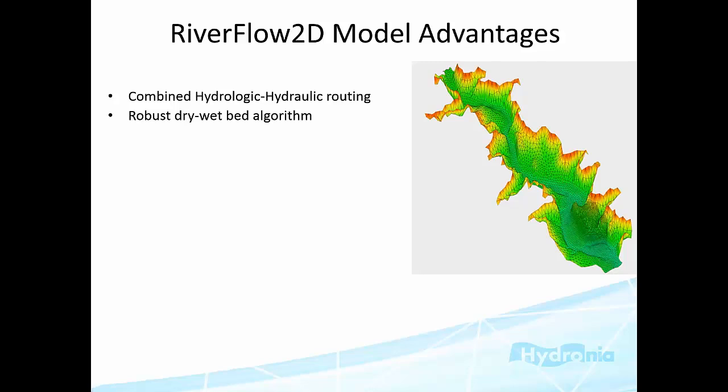It has a very robust dry-wet algorithm that doesn't require any tweaking, so it's very stable, and that's one of the things that InfraWorks takes advantage of. You don't need to start, as sometimes with other models, adjusting parameters here and there to make it work or to make it run faster. RiverFlow2D is such a model that just runs. And it runs stable and accurately every time.